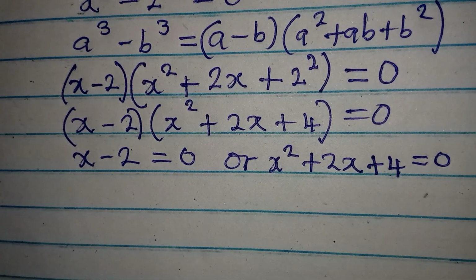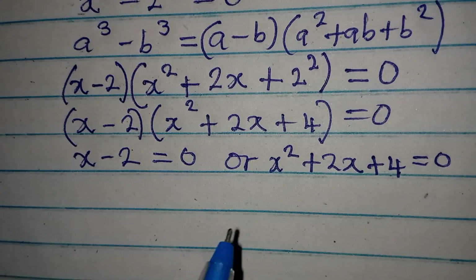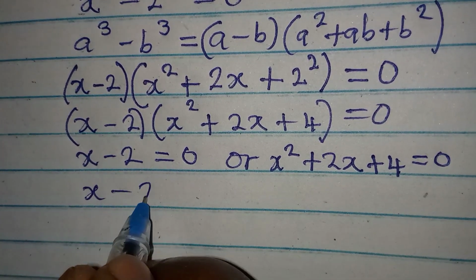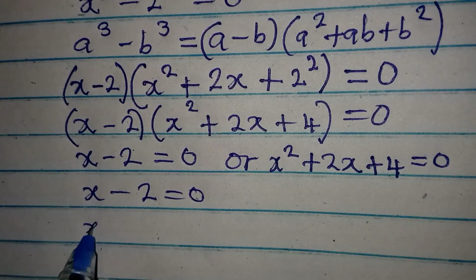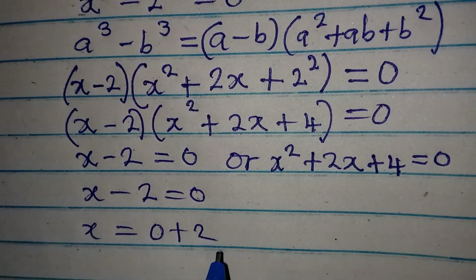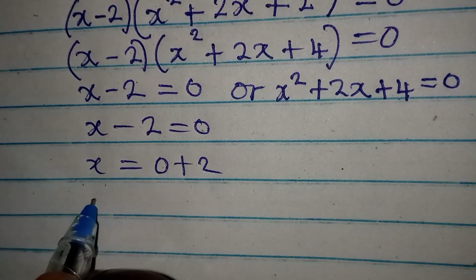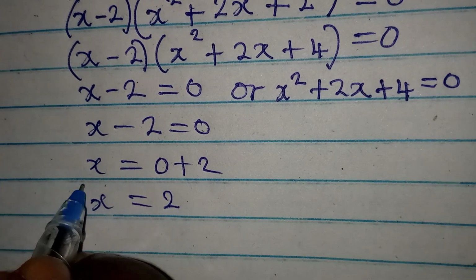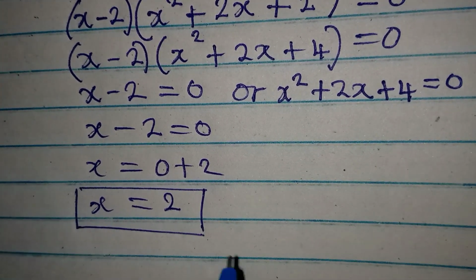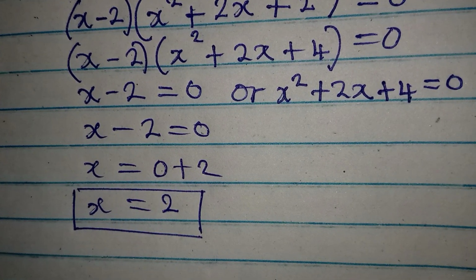Now from here we can proceed as we pick this linear equation first. x minus 2 to be equal to 0. x is equal to 0 plus 2, and this means that x is equal to 2. So this becomes the value of x.